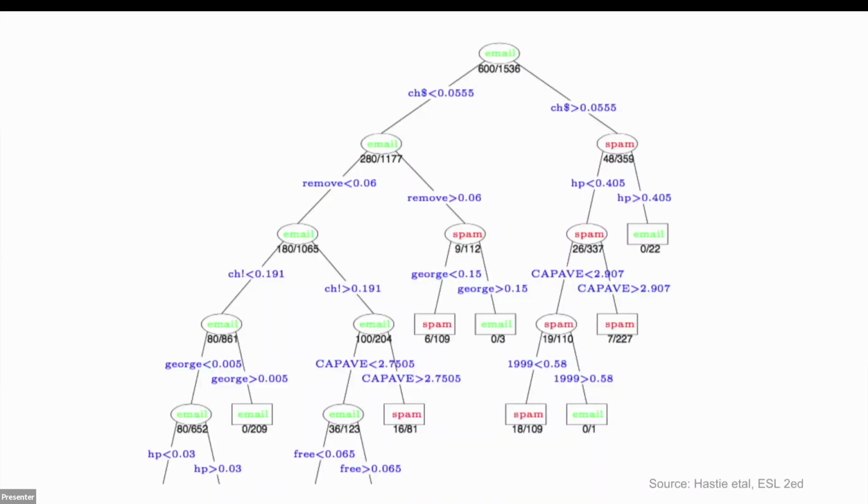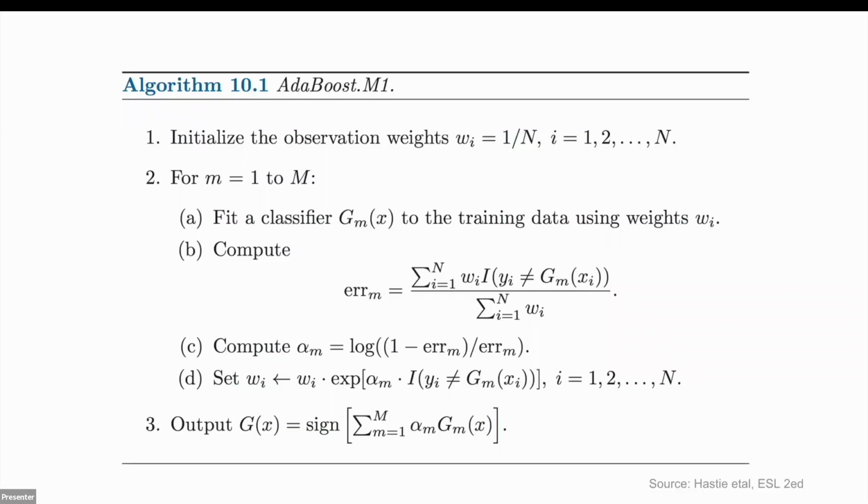GBMs are built on decision trees, and the various boosting approaches train decision trees in sequence, and each decision tree is trying to fix the errors made by the previous trees.